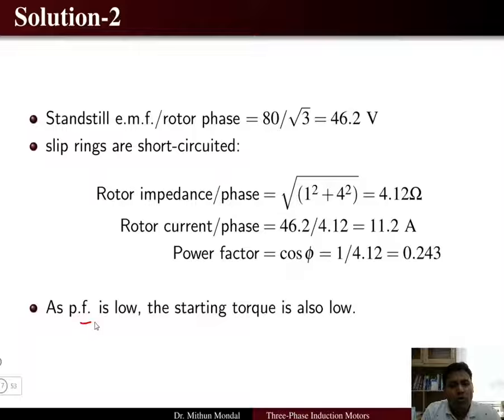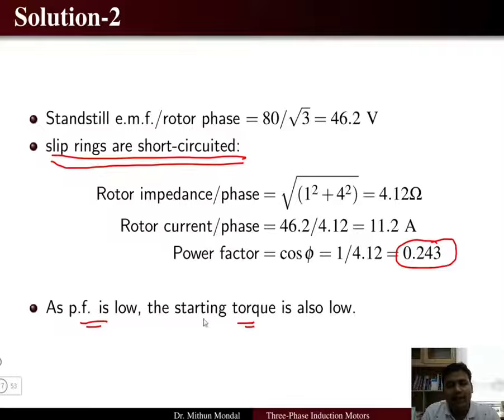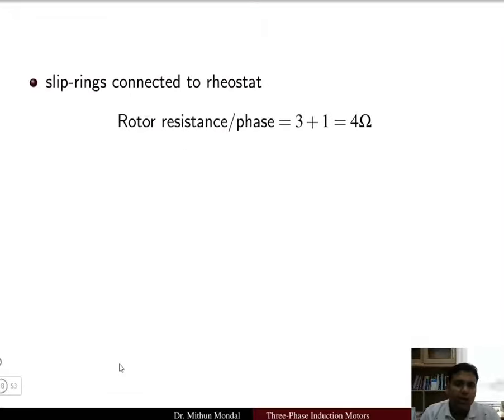At a low power factor, the starting torque will also be low. When slip rings are short circuited, you do not have the provision to connect an external resistance. In that case, the power factor is quite poor, and the starting torque will be very low.